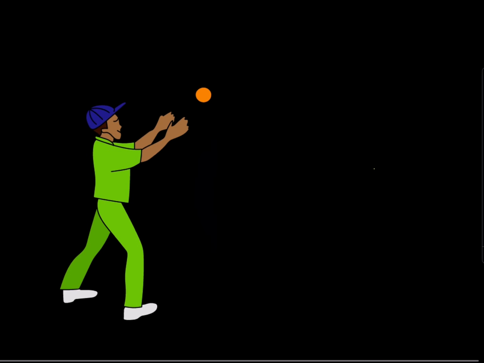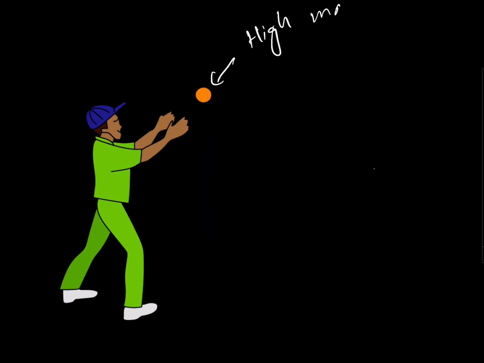Let's suppose you're playing cricket and there is a ball that you have to catch. You have one choice: the ball is coming toward you and you keep your hand static here. You are not going to move the hand, right? You will experience a large amount of force because of this ball, because it will have very high momentum. Why will it have high momentum?